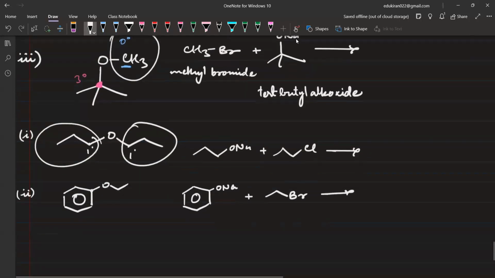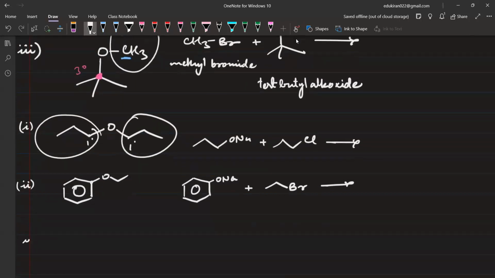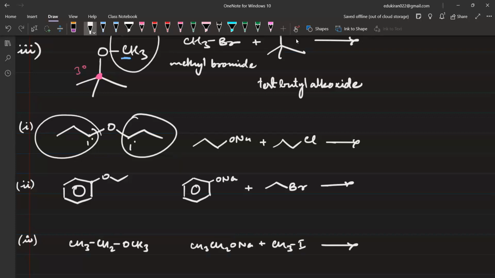Then we have 1-methoxyethane. अच्छा, CH3, CH2, and then OCH3, methoxyethane. तो यहाँ पे आपके पास the larger one is going to be alkoxide, CH3CH2ONa plus CH3I, iodine you can take and do the reaction.